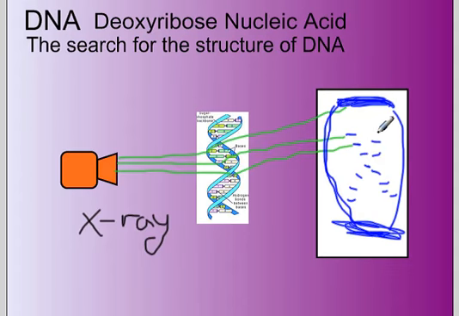And to you and I, this means very little, right? Although I'm going to try and show you what it means. But to a trained eye, like Wilkins, you can see things there, and so this becomes a useful tool to figure out the structure of DNA. And we're going to come back to that in just a minute.